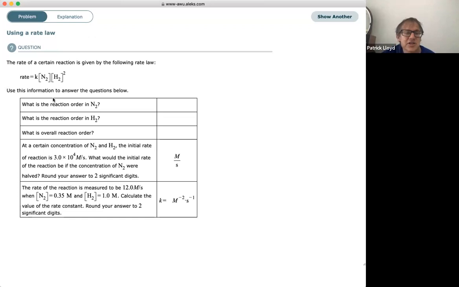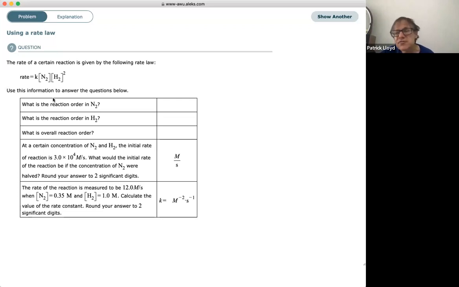This rate law says that the speed of the reaction is equal to the rate constant k times the concentration of N2. Now, N2 is nitrogen. That's the nitrogen that when we breathe goes into our lungs from the atmosphere. N2 times the concentration of H2, hydrogen gas, squared.